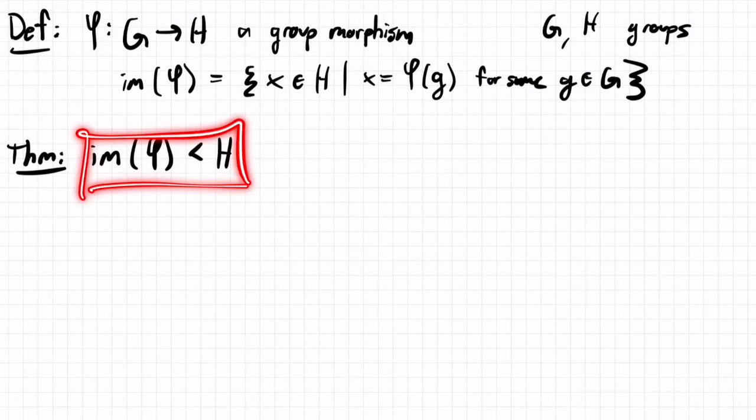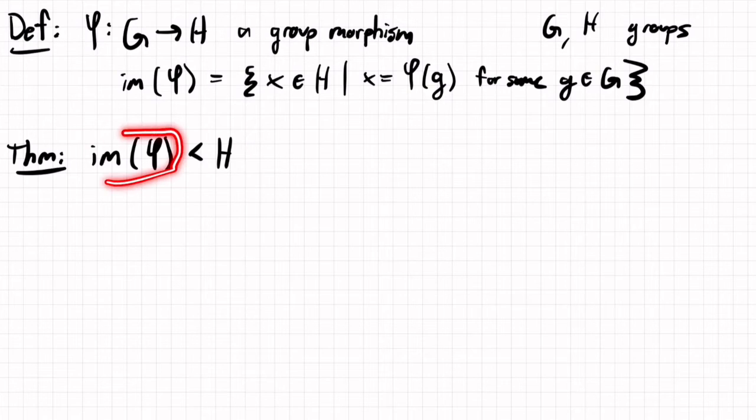Well, we need to prove three things. First of all, we need to know that it's a subset, and we already know it's a subset, so that tells us we can use the multiplication from H, and in particular it'll be associative.